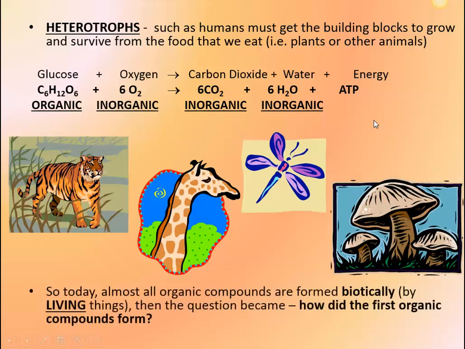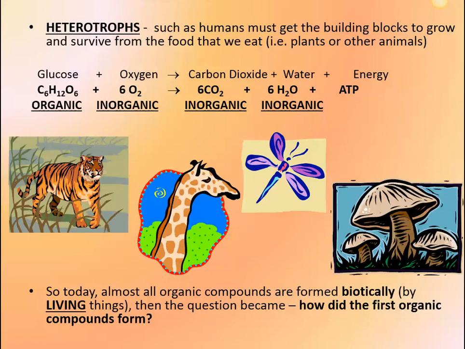So as of today, almost all organic compounds on Earth are formed biotically. So that means that all of the organic compounds that we have, all of the glucose, all of the things that are bonded C and H, almost all of them are created by living things.